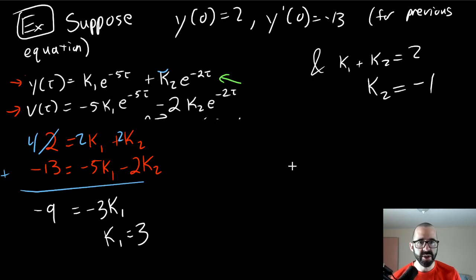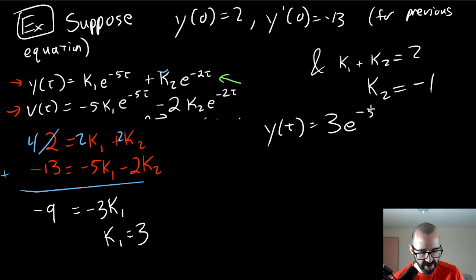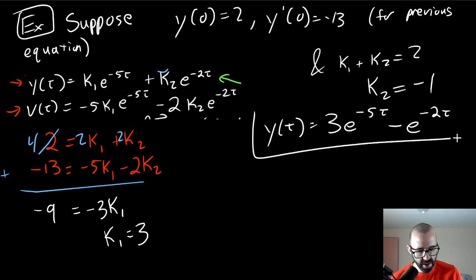You could double check. I always like to double check into the second one. If k1 is 3, this is -15. This is -1. -15 plus 2 is -13. We get our particular solution: k1, which is 3, e^(-5t), plus k2, which is -1, e^(-2t).